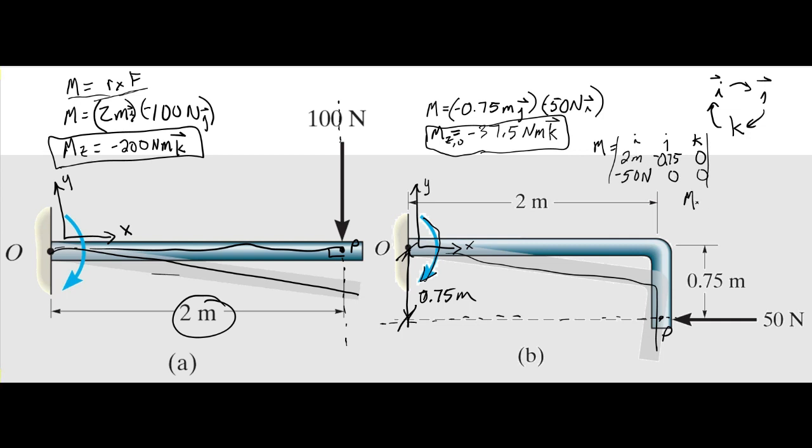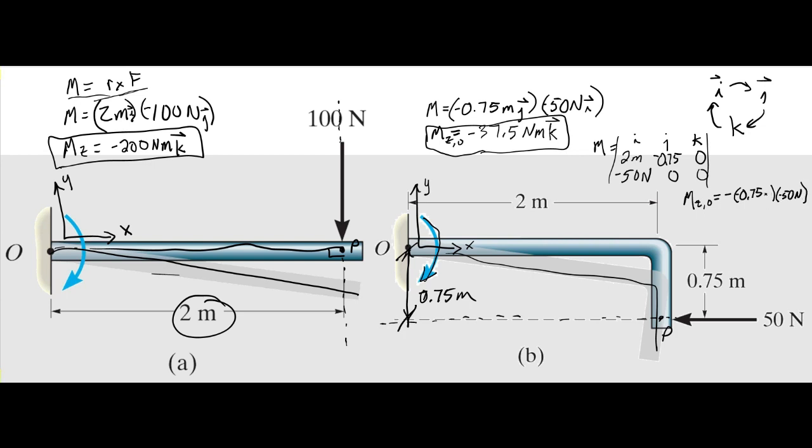So Mz about the O is equal to negative, negative 0.75 meters times negative 50 newtons.